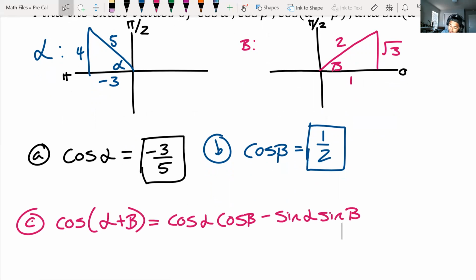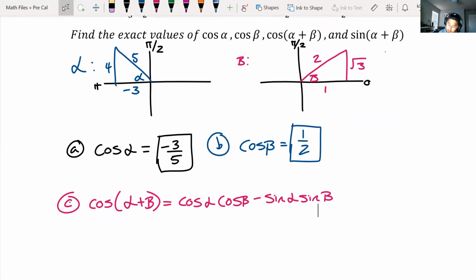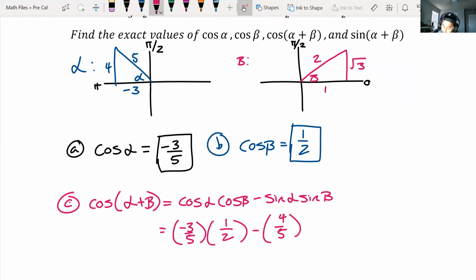Okay, now piece it together. Cosine of alpha is negative 3/5. Cosine of beta is 1/2. Minus sine of alpha, 4/5, and sine of beta, radical 3/2.